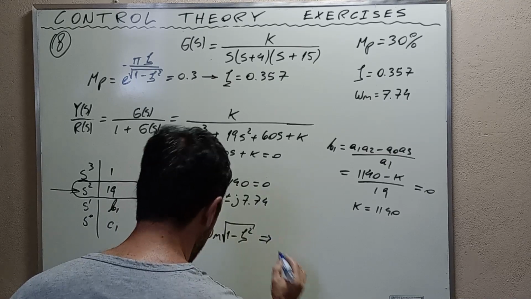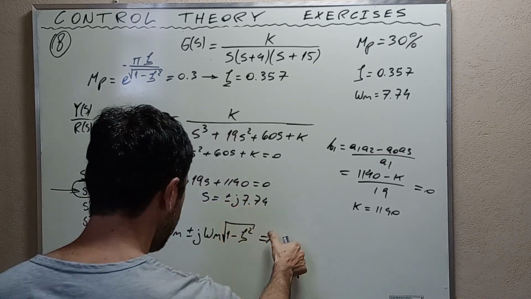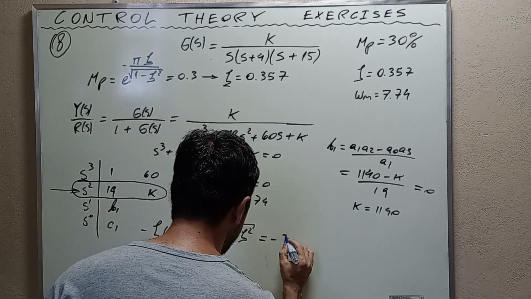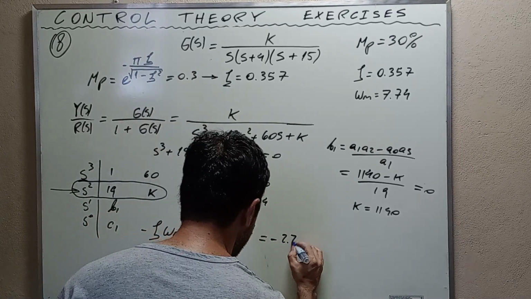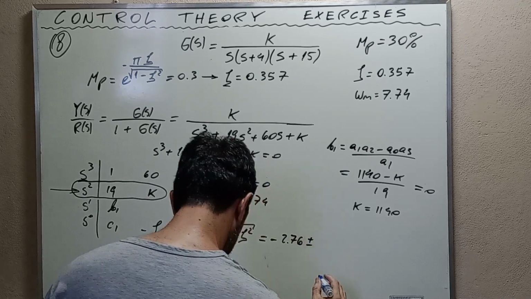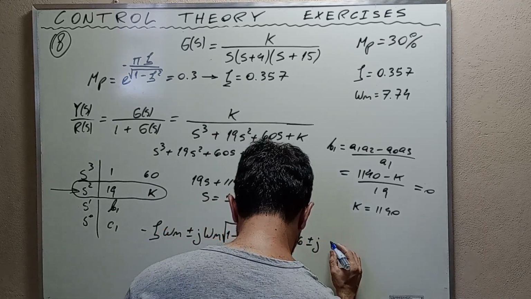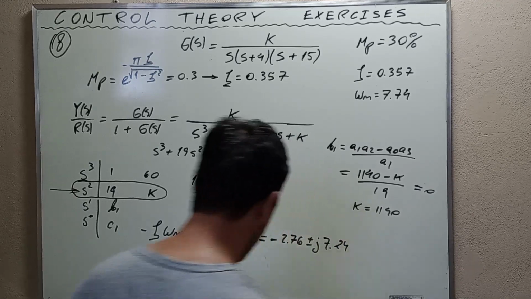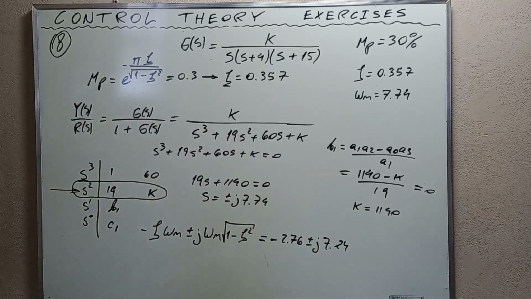And this is equal to negative 2.76 plus minus j times 7.24. Okay? These are the locations of the dominant poles when the maximum overshoot is 30%.